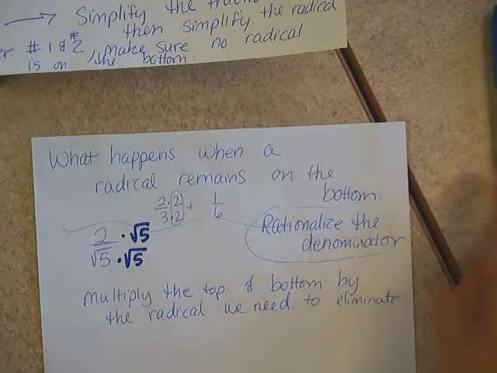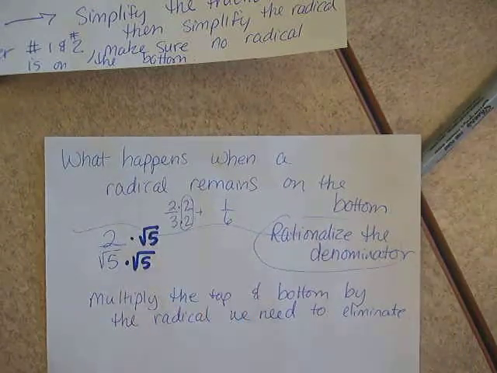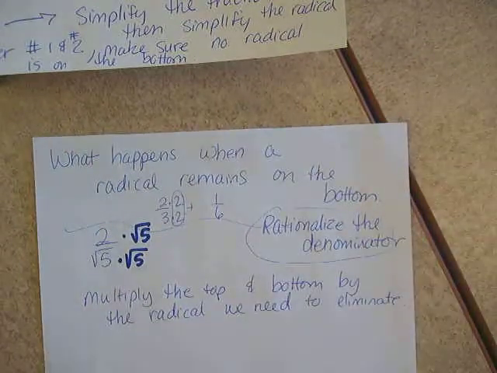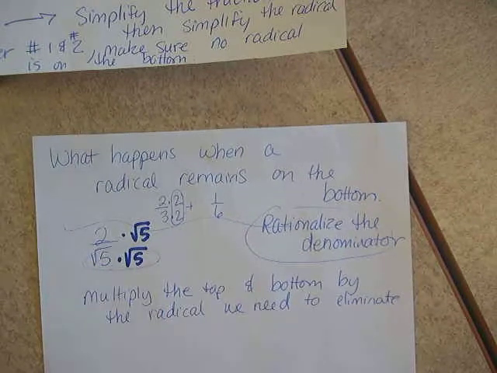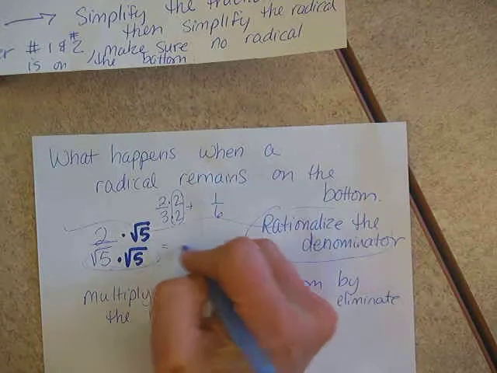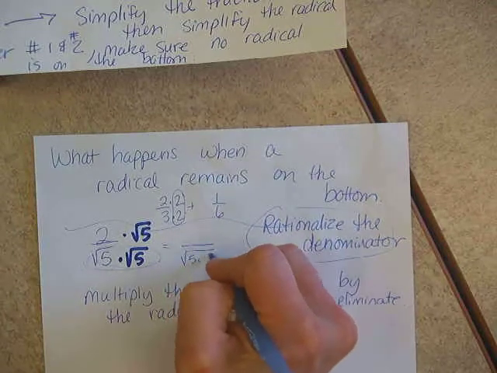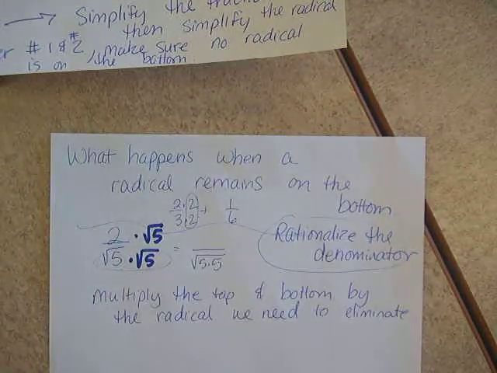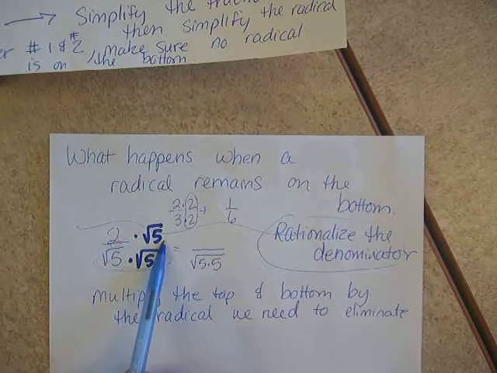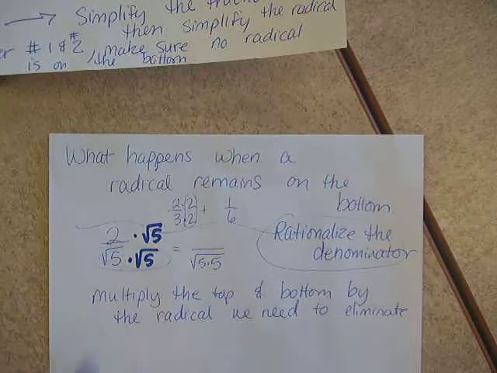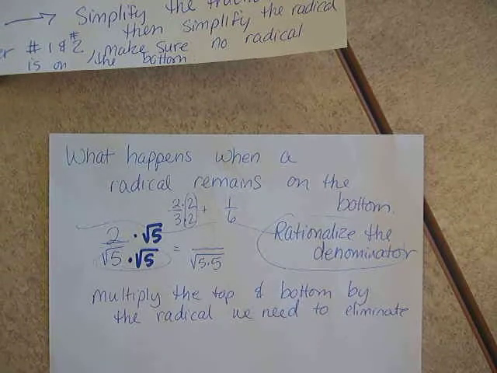So I'll do this in a different color. We're multiplying the bottom by the radical 5 and the top by the radical 5. Radical 5 over itself is simply 1, so that's allowed. But what happens is when I multiply the radical by itself, it gives me a pair in the bottom.